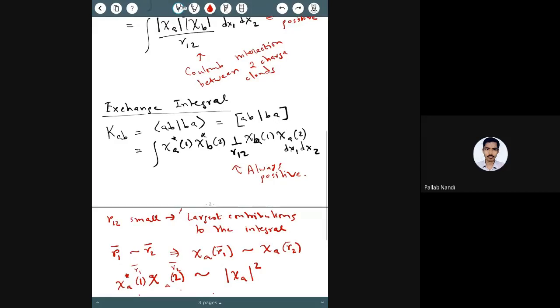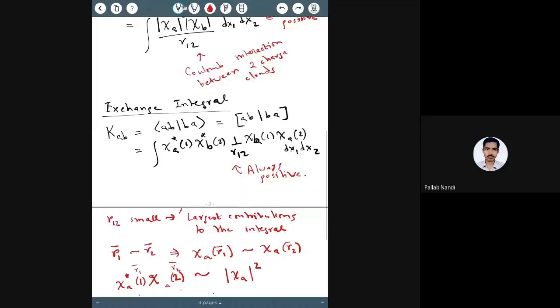But since in an integral, the sign of the largest contribution will determine the sign of the integral, the integrated quantity is always positive. You can think of it like a series over different values of R12. For small R12, you have large positive values, and for large R12, you have both positive and negative, but small values.